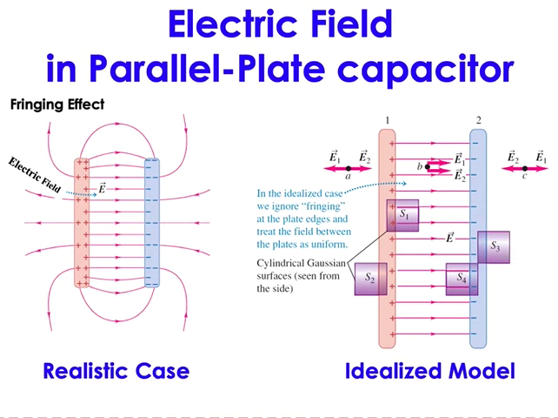Firstly, let us draw the electric field lines for this parallel plate. Electric field lines start from positive charge and end on negative charge. At the edge, the electric field distribution is different from that at the center.